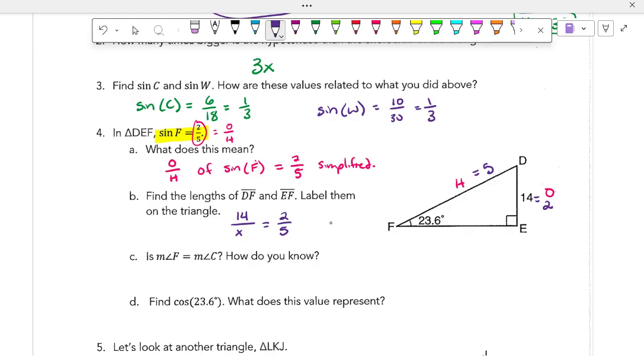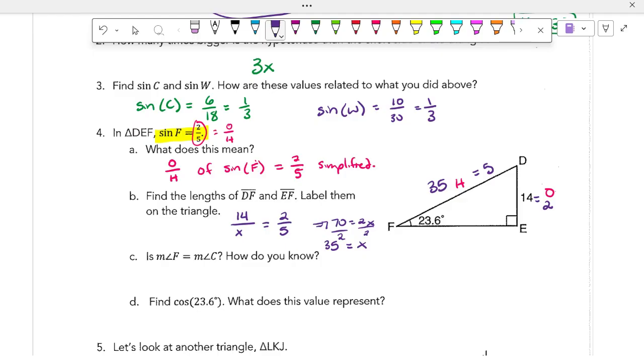So if I cross multiply, I should get 70 is equal to 2x. Divide both sides by 2. What's x equal to? 35. Which makes sense because 14 over 35, if you divide both by 7, you get 2/5.